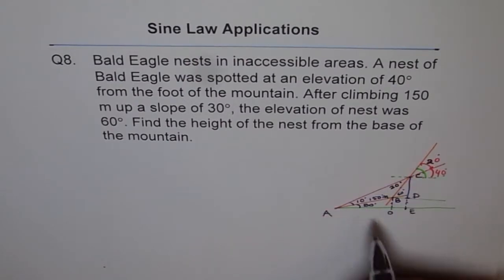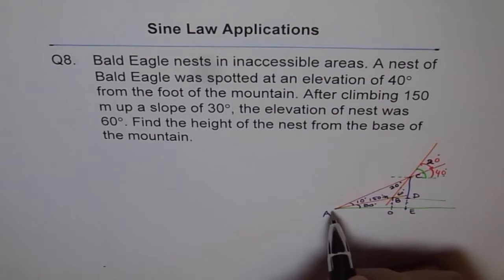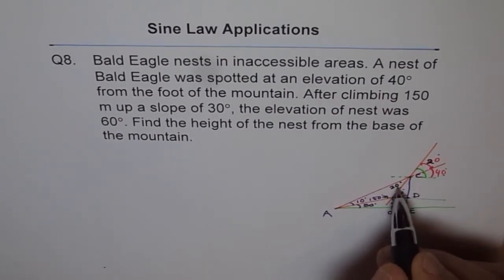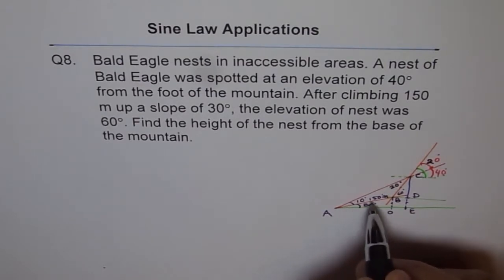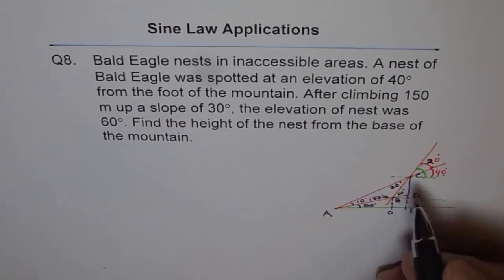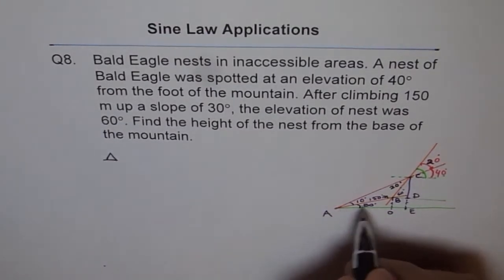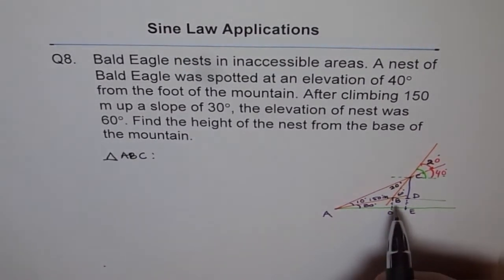I hope you understand all these calculations, correct? So we say, well, angle ACB is 20 degrees. This angle is 10 degrees, and we know this side of 150 meters. Therefore, now we can use sine law. Let's consider the triangle ABC, right? In triangle ABC, we are trying to apply the sine law.